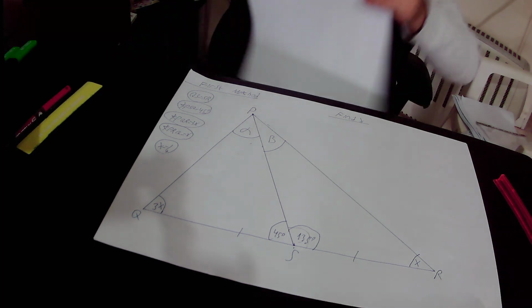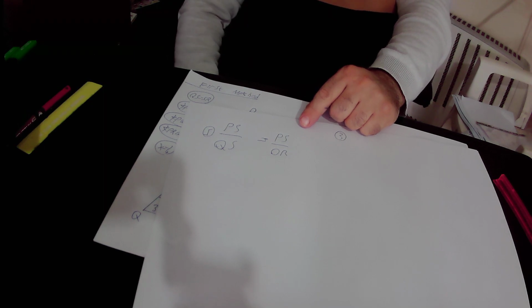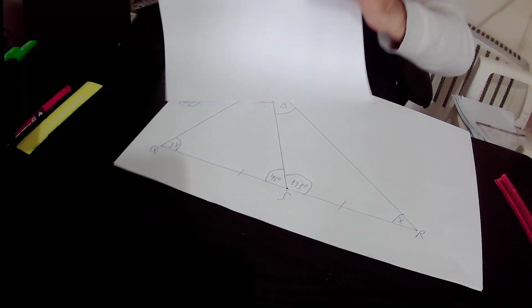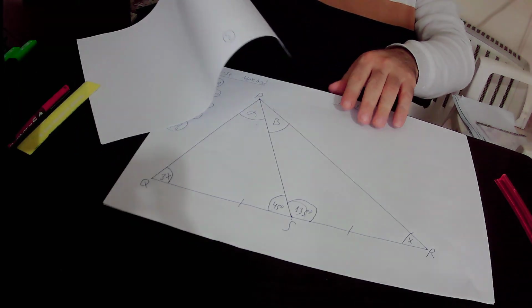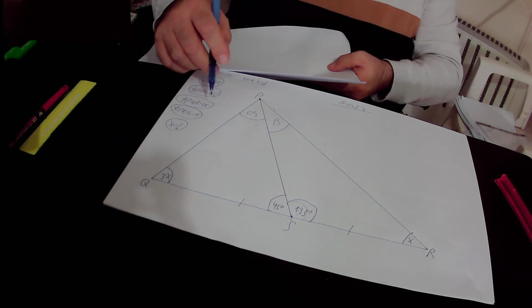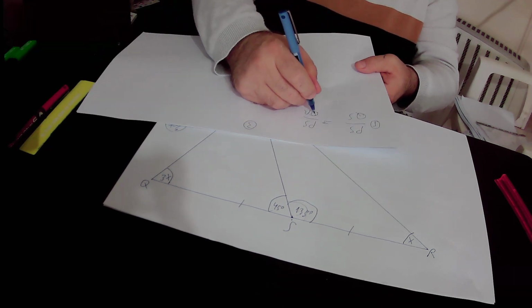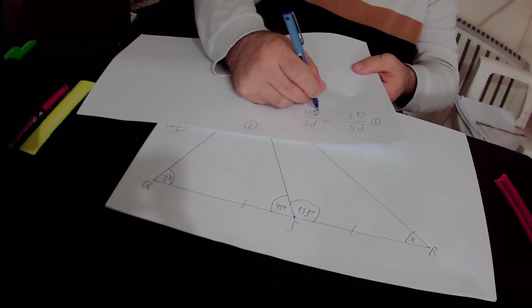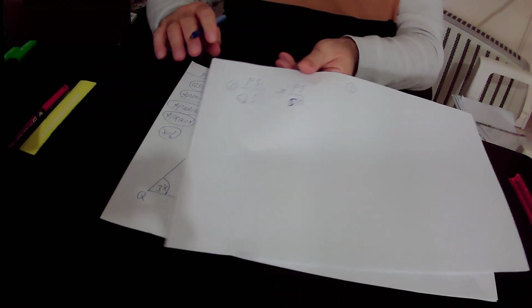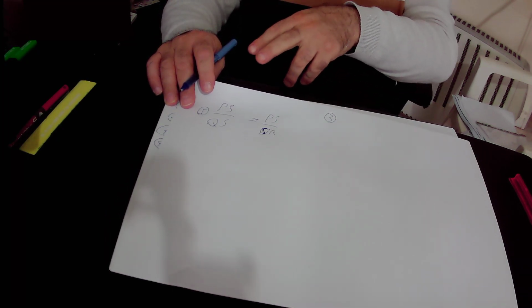I will repeat again. Equation number 1 states that PS over QS equals PS over SR. Why is this equation true?